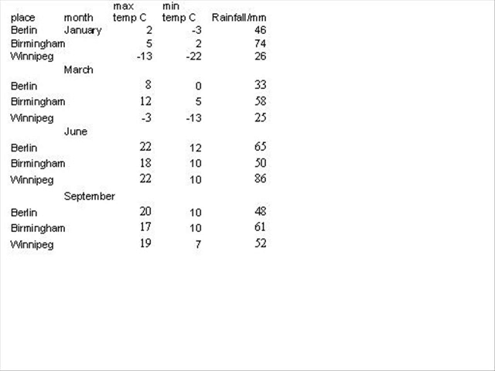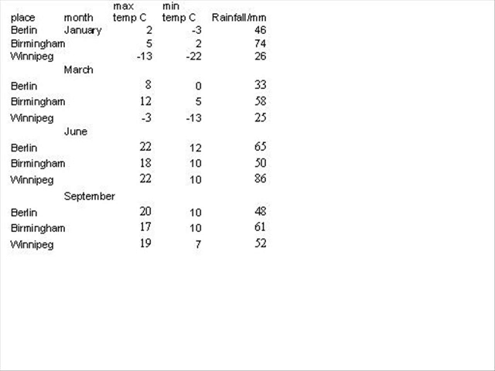Birmingham is generally the wettest, except in the summer when Winnipeg takes that over, probably due to more in the way of thundery type rain. The most dramatic differences, though, are the winter temperature values for Winnipeg, situated in the far east of a large continent, compared either to Berlin, which is well away from the Western Atlantic, or even more so with Birmingham, situated on an island on the eastern edge of a large ocean.